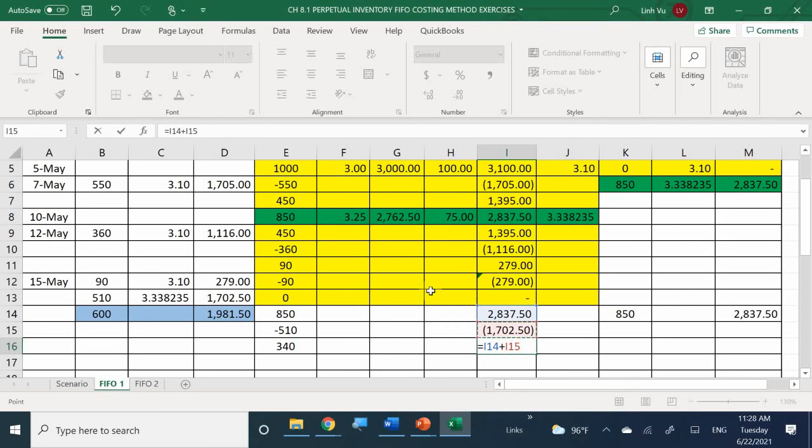Same thing with my total cost. If I started with 2,837.50 and I sold 1702.50, how much should I have remaining?